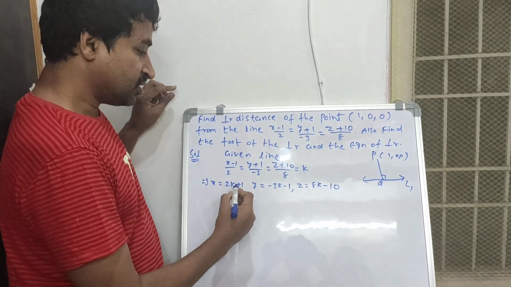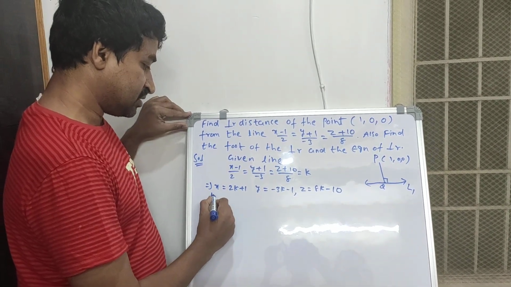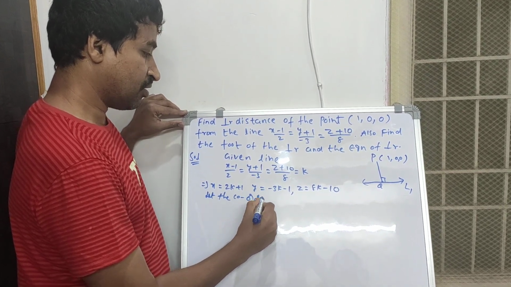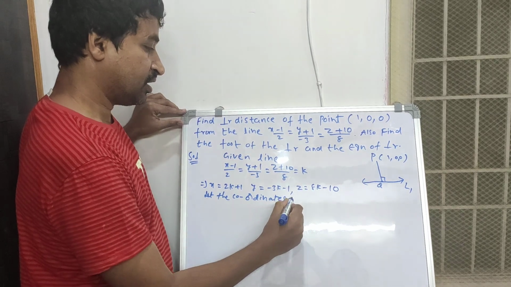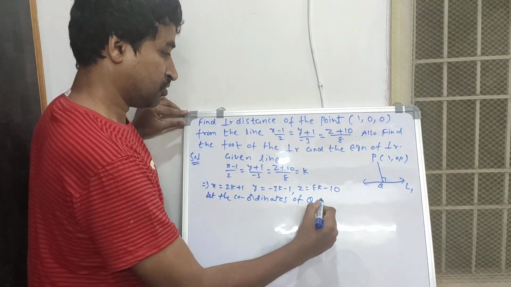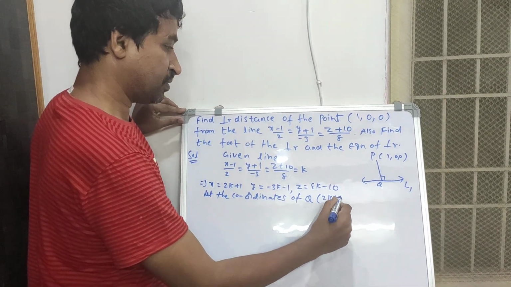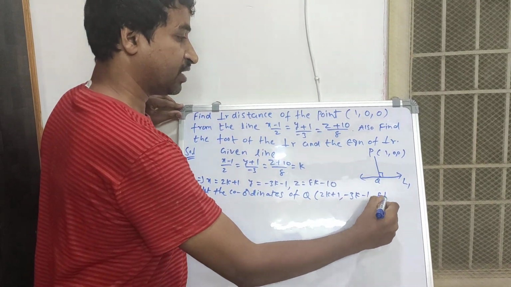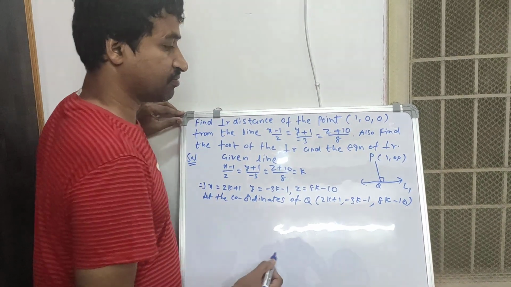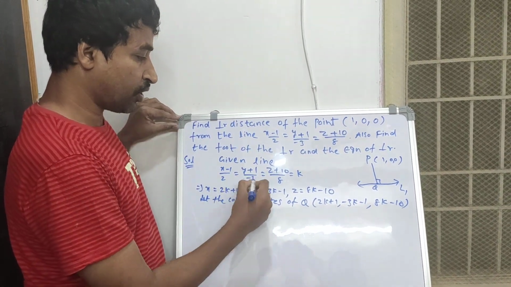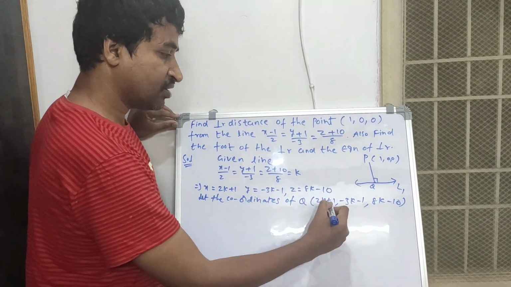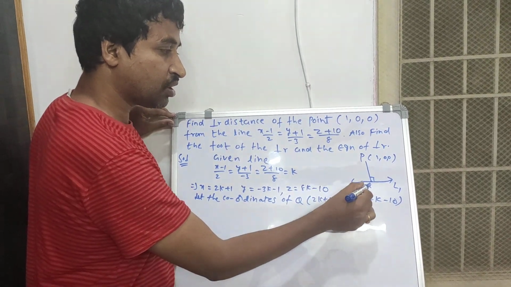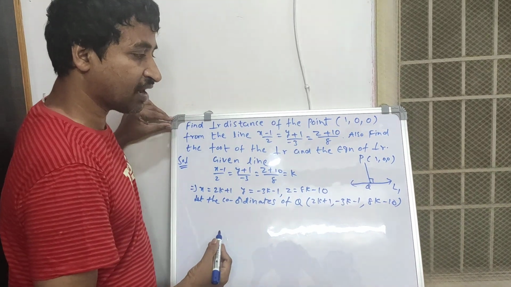Now let the coordinates of Q be (2k plus 1, minus 3k minus 1, 8k minus 10), because this is any point on the line in this form, so it can be the foot of the perpendicular, as Q is also a point on the line L1.